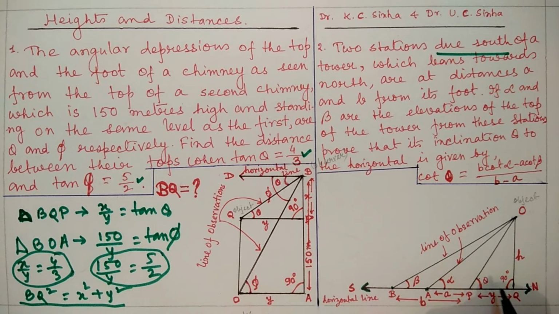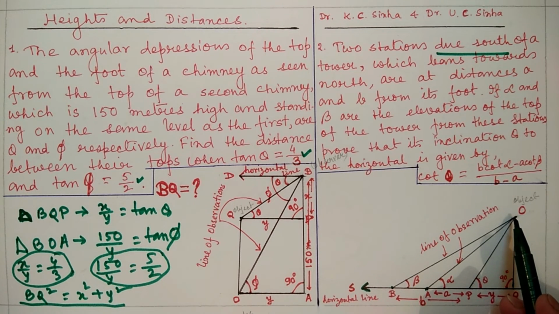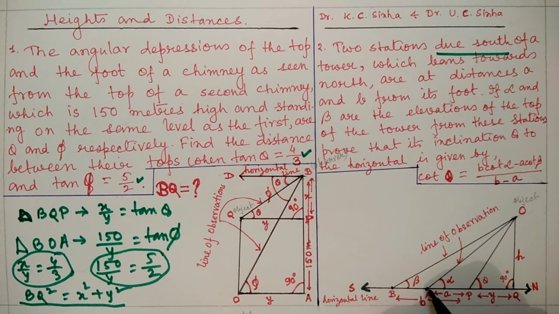So here we have made one construction: we'll draw a perpendicular from O on the horizontal line, OQ. OQ perpendicular is drawn. This is the height of the tower, so we give it the name H, and the distance between the base of the perpendicular and the tower base we have taken as Y. Now here this is the object, and point A is the observer.